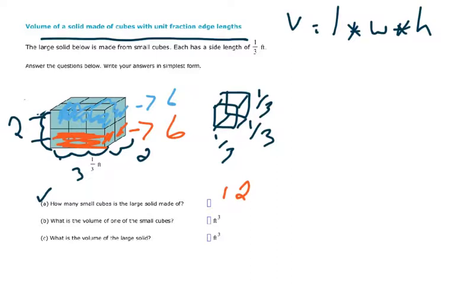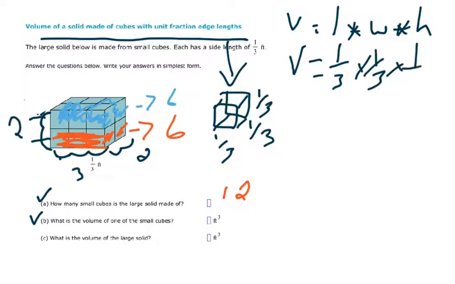For the next question, what would the volume of a small cube be? Well, this is the small cube right here, this bad drawing of 1/3 by 1/3 by 1/3. Well, how do we find volume? For a rectangular prism or a cube, it's going to be 1/3 times 1/3 times 1/3.